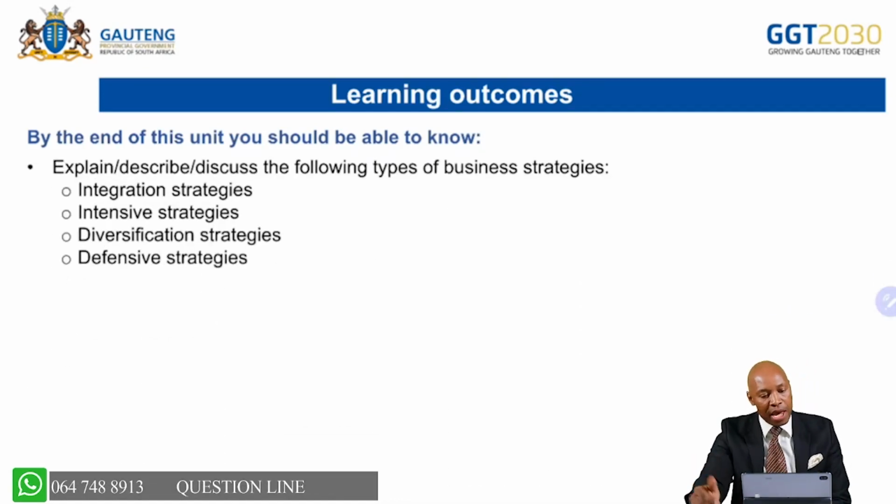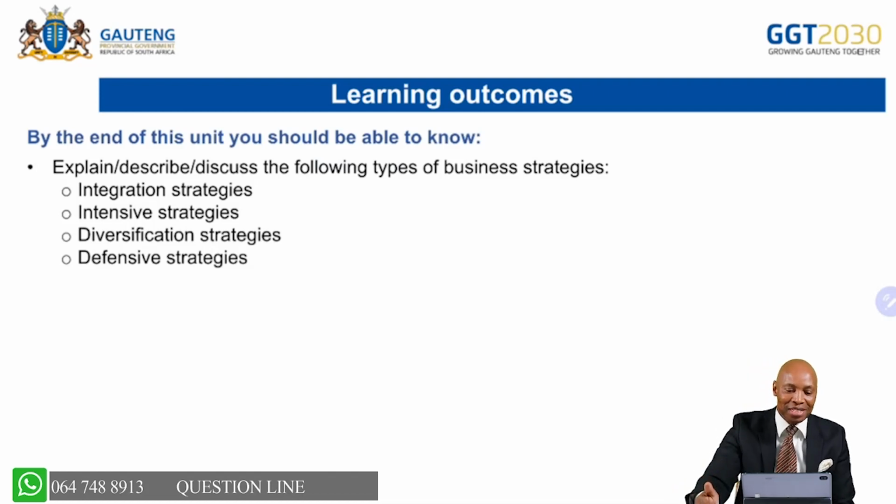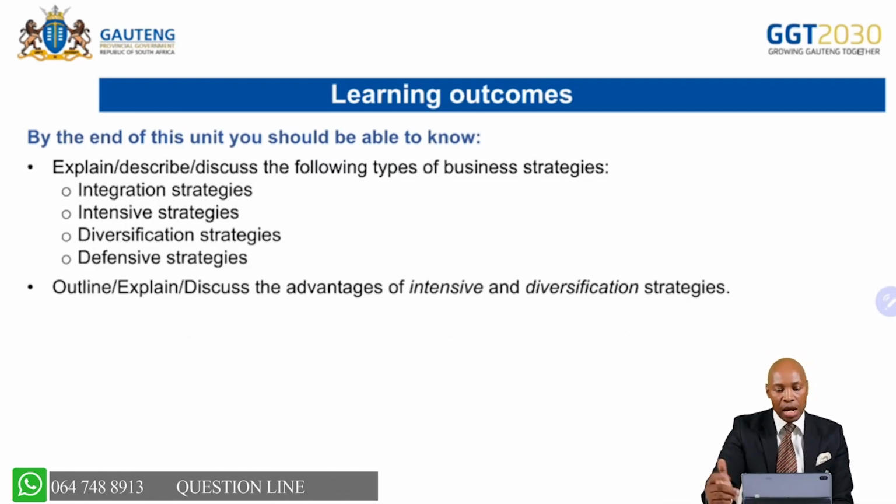Then you must be able to explain, if not explain, you must be able to discuss the following business strategies: integration strategies, intensive strategies, diversification strategies, and defensive strategies. Now, it's important that you look at the action verb that is associated to a particular content. Now let's go on. Then take it further.